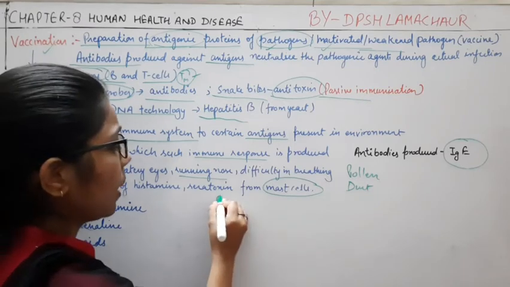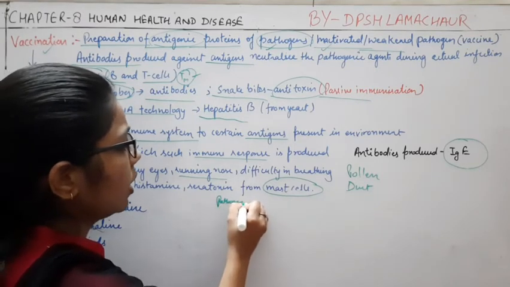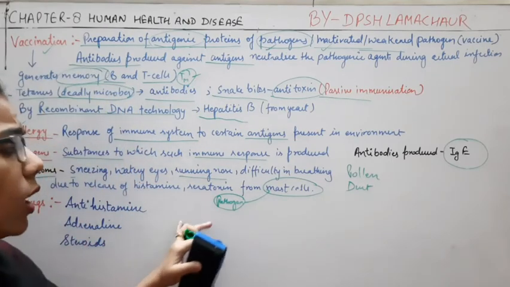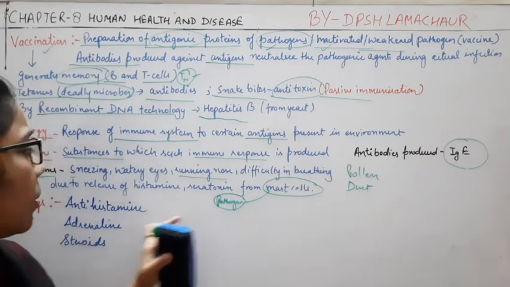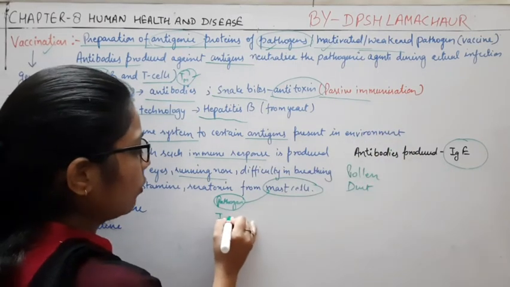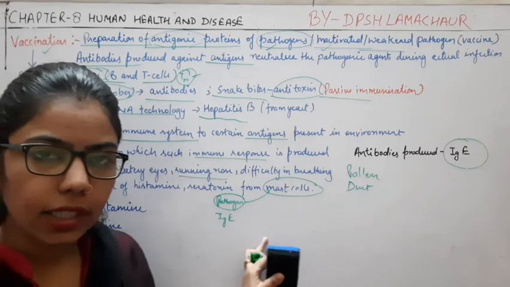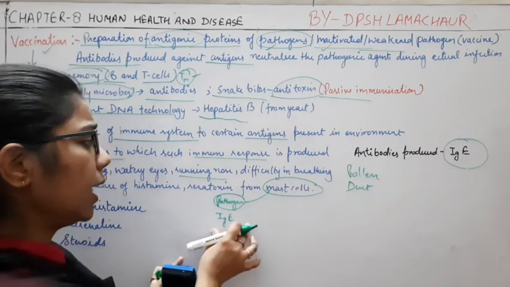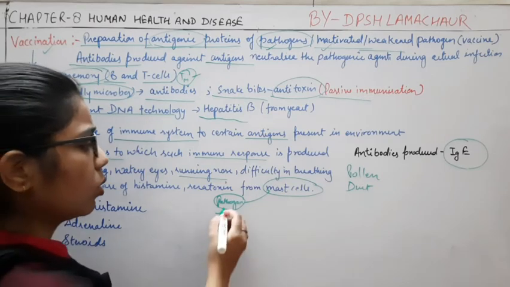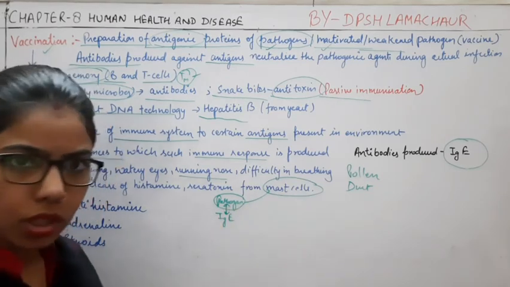For example, this is a pathogen. This pathogen attacks and goes to the mast cell. The antibodies which have been prepared by our body, what type of antibodies? Our body will form the IgE. These antibodies will attach with that pathogen. So this will attach with this pathogen here.